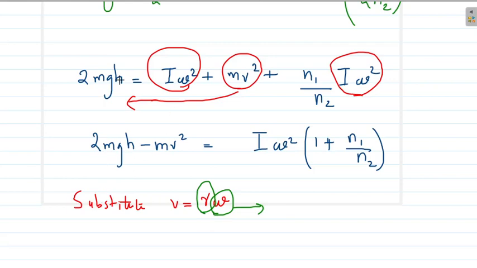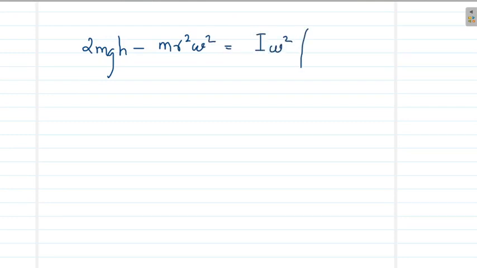So let us rewrite this equation in terms of r omega. So we can write 2 mgh minus m r square omega square is equal to I omega square into 1 plus n1 by n2. Now the omega here is actually the maximum angular velocity of the system.